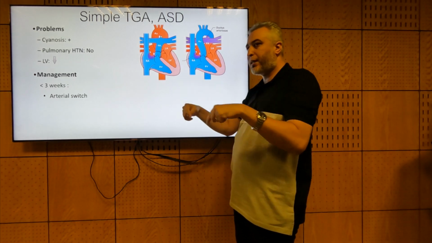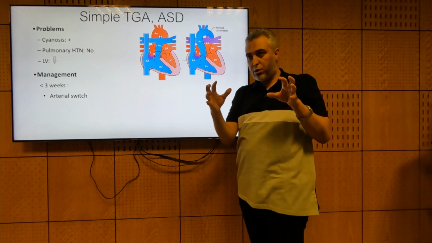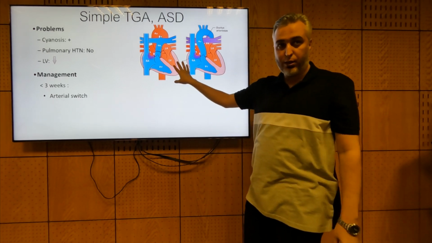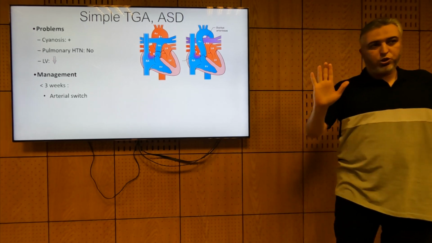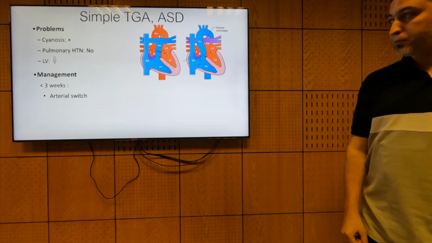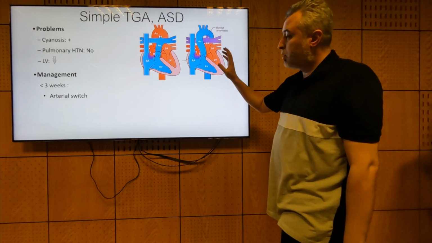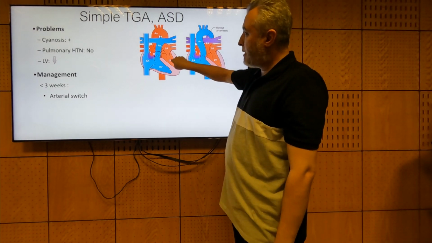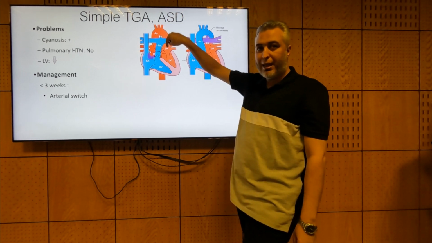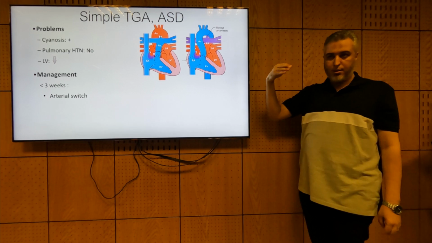Again, we'll have to take out the coronaries from the root and switch them into the other root that is coming from the left ventricle. So the arterial switch operation is switching the great arteries and switching the coronaries. And now this LV gets subjected to systemic circulation, so it has to be able to sustain systemic pressures.